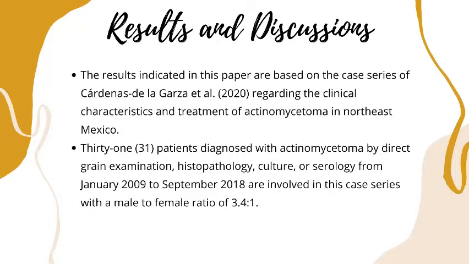Regarding the clinical characteristics and treatment of actinomycetoma in Northeast Mexico, 31 patients diagnosed with actinomycetoma by direct grain examination, histopathology, culture, or serology from January 2009 to September 2018 are involved in this case series, with a male to female ratio of 3.4:1.